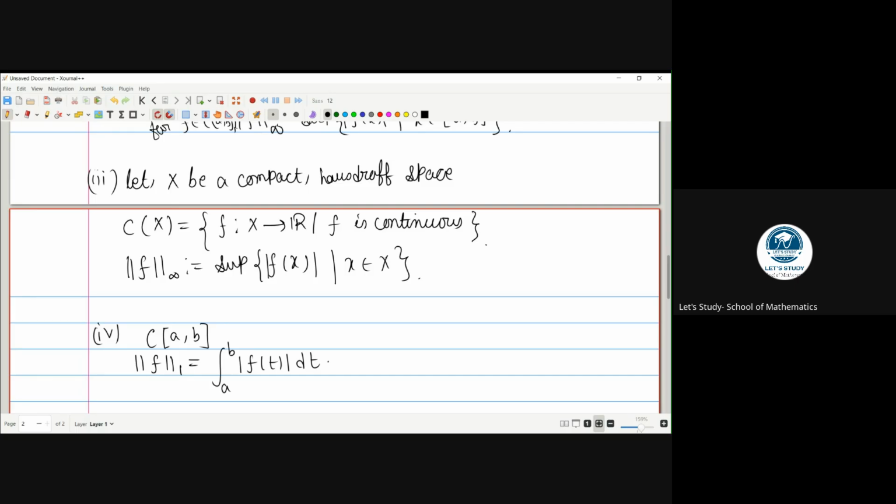But whoever is going to study functional analysis for the first time, I highly recommend Kumaresan, because you can understand this book by yourself, and Kumaresan sir provides very good exercises in his book, so you should go through it.